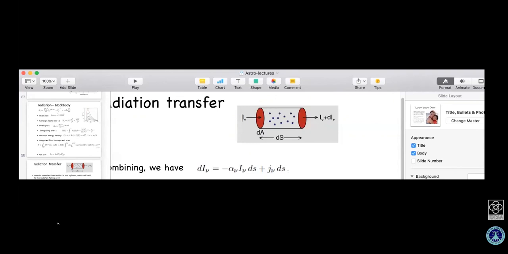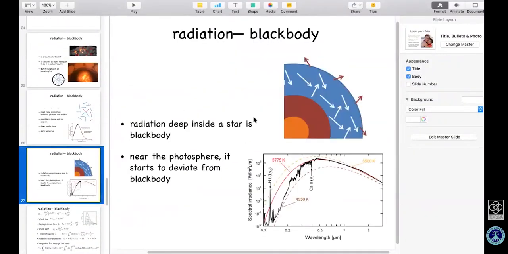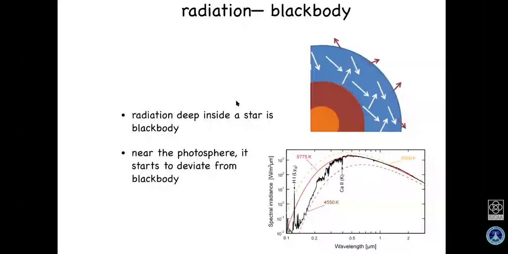So remember the spectrum we had. Can you see my slide? Yes. So you see absorption lines here, but you do see emission lines here, which means what?